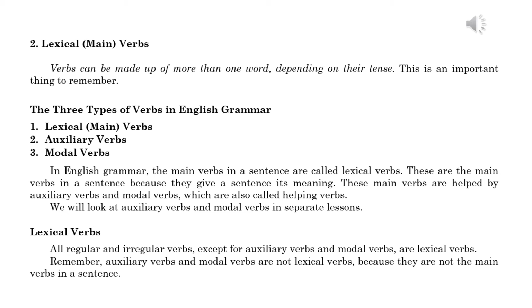Lexical verbs. All regular and irregular verbs, except for auxiliary verbs and modal verbs, are lexical verbs. Remember, auxiliary verbs and modal verbs are not lexical verbs because they are not the main verbs in a sentence.